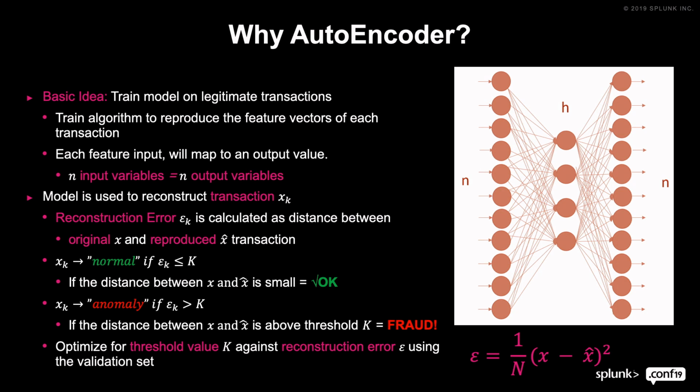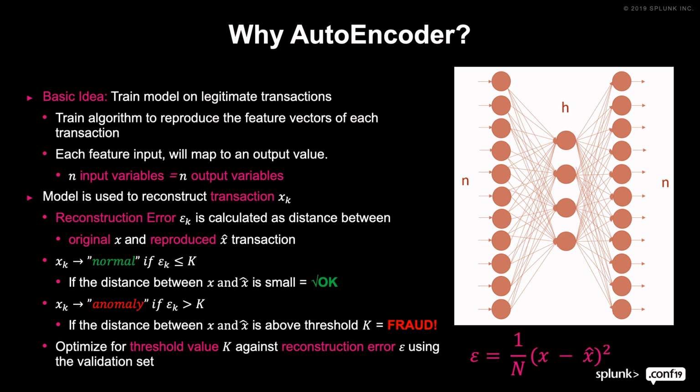So for each transaction, in this case, we're going to take non-fraud transactions. We're going to learn everything about the non-fraud transactions. And so when we reconstruct that transaction, we'll have this thing called a reconstruction error, and it should be fairly low, typically. If I've trained my neural net enough, it should be able to take any of the other features and be able to know what the other outputs are.